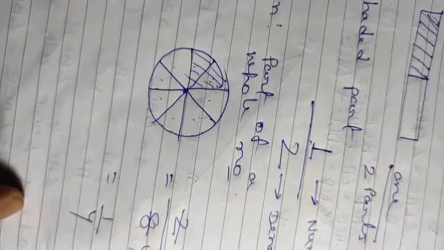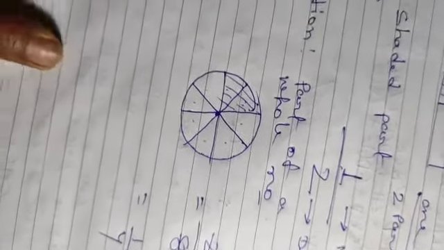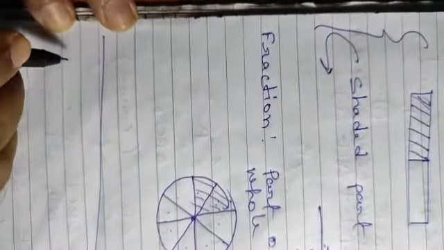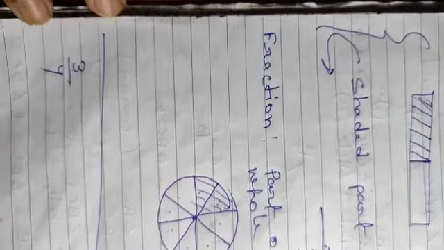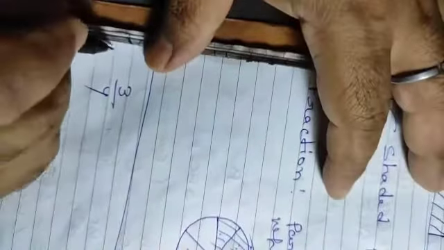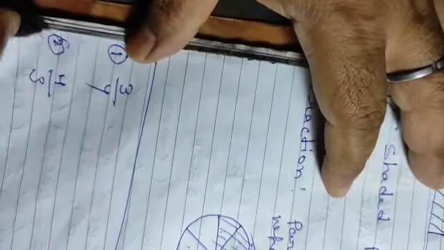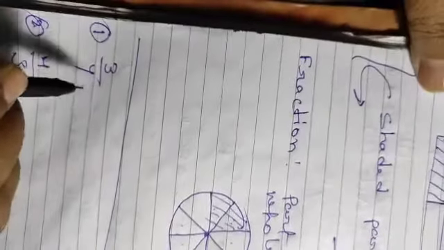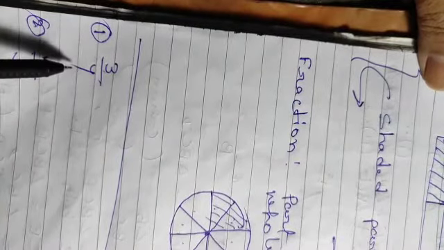Now different types of fractions are there. First let us discuss. If I am writing 3 by 4, 4 by 3 and 2 whole 3 by 4. See here, three numbers I have written: 3 by 4, 4 by 3 and 2 whole 3 by 4. Now let us discuss. Here the numerator is 3 and the denominator is 4.